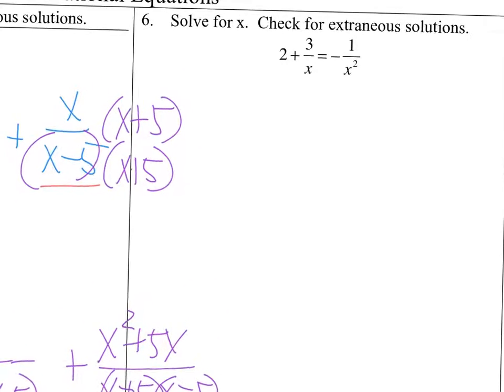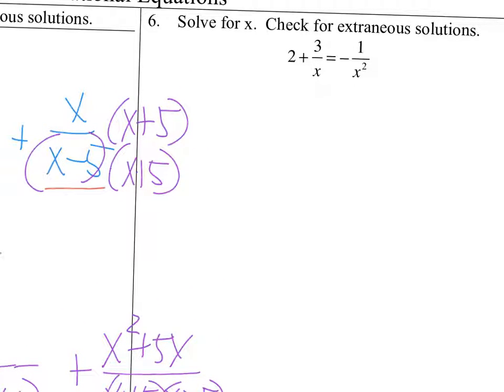All right, number 6, which I wish were our last problem, but it's not. We're doing the same thing. 2 over 1, 3 over x and negative 1 over x squared. I'm going to make them all be the same denominator, and it might be nice to write x squared as x times x.